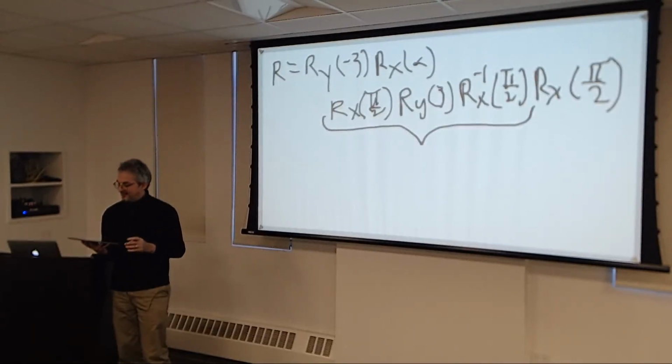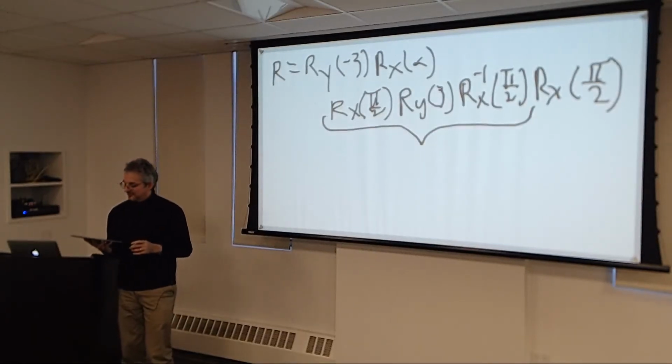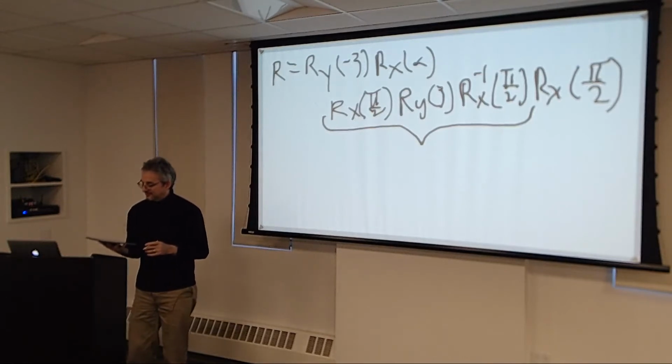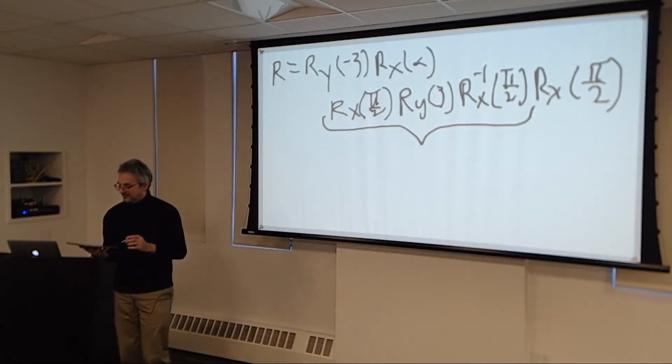But I want to focus then on that sandwich. What does it mean to do a 90-degree rotation by minus pi over 2, a y rotation by zeta, and then a 90-degree rotation by x?